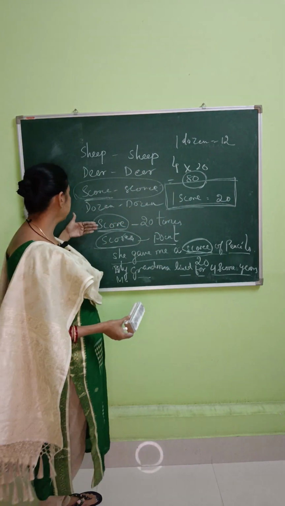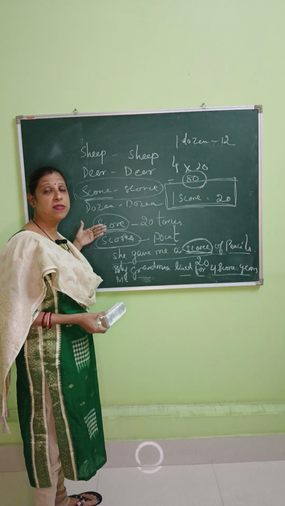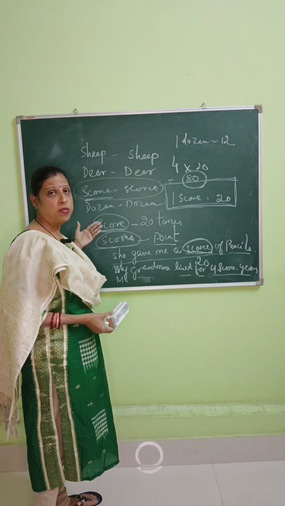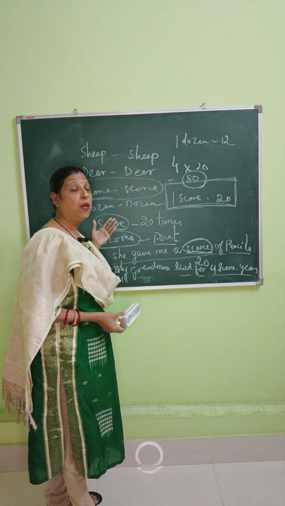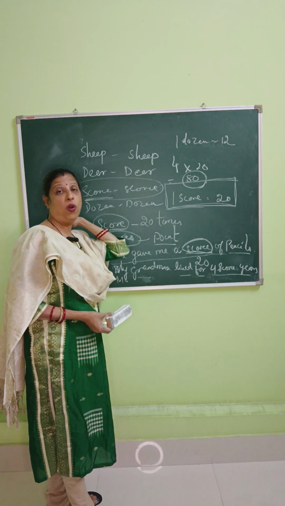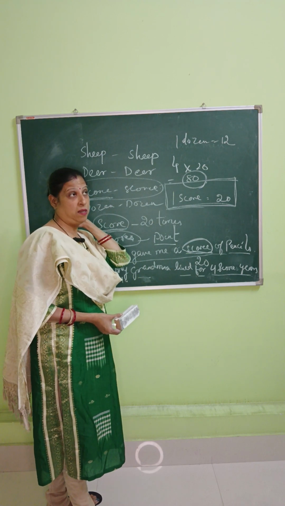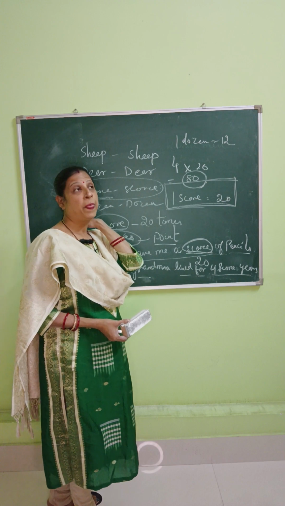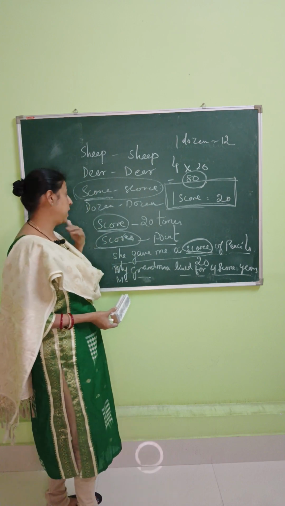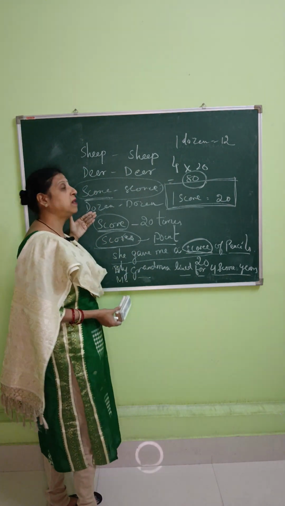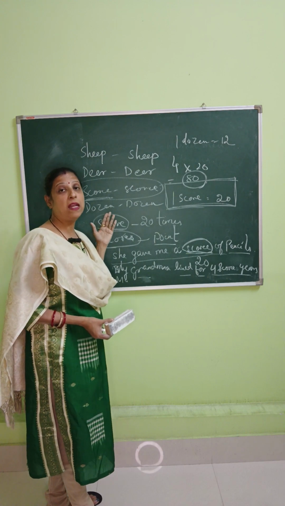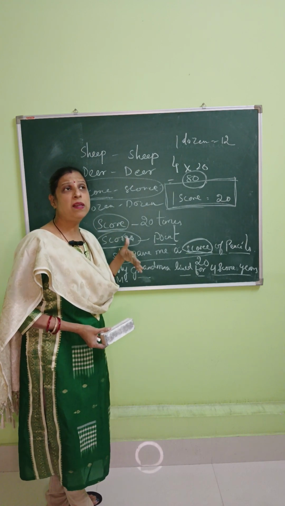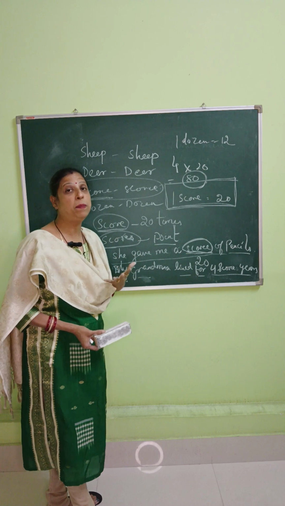So here this score is an uncountable noun, because we are not numbering whether she lived for 80 years, 120 years, or 60 years. We are not saying that. Now here dozen means 12. So if I say I got 12 bananas, then it is a countable noun, because how many bananas I got.